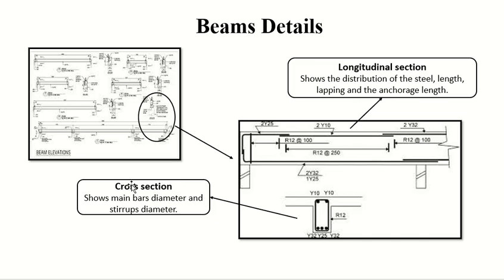They also mention the type of reinforcement you have. So Y32, Y25 is a strength of steel. Why is it called Y? Because steel has yield strength. There is something which we call yield strength for steel.